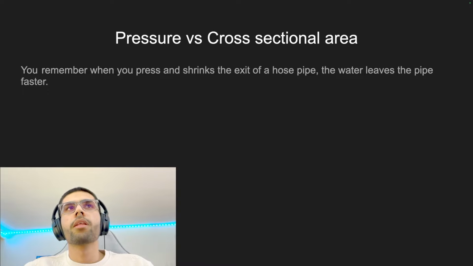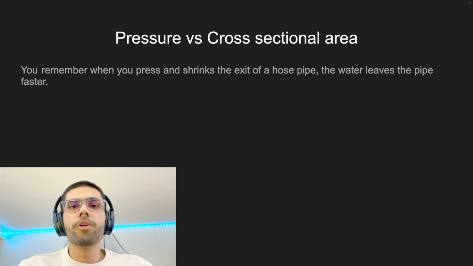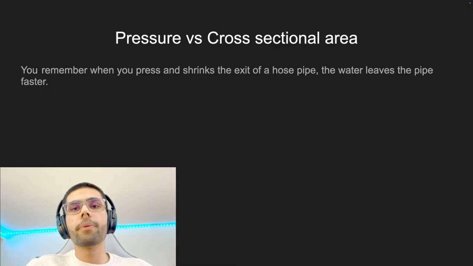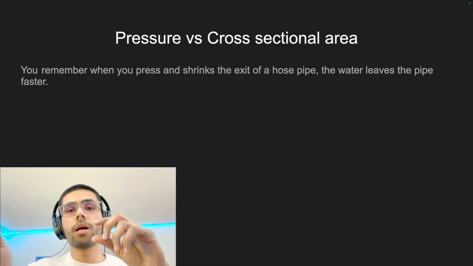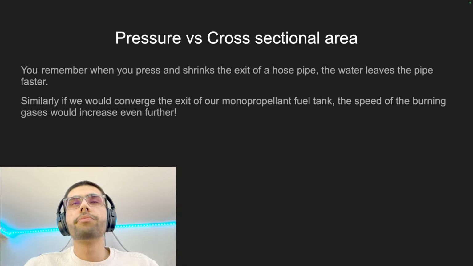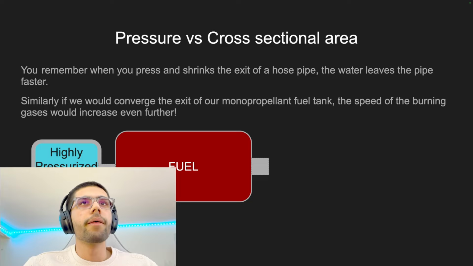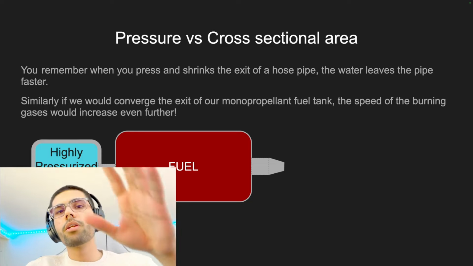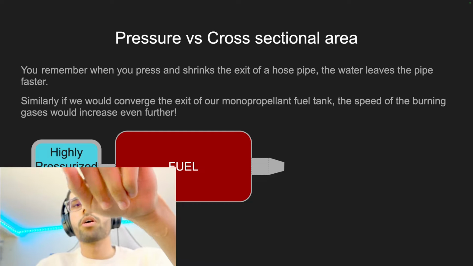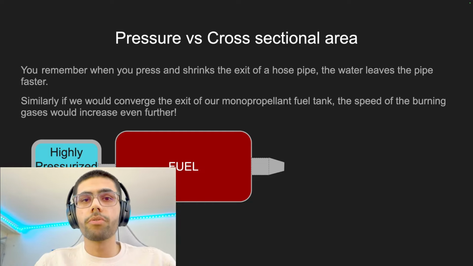Now, you remember that when you shrink the exit of your hose pipe, the water coming out of it comes at a higher velocity. So we can use the same convergence at the nozzle of our rocket as well, to increase the velocity further.